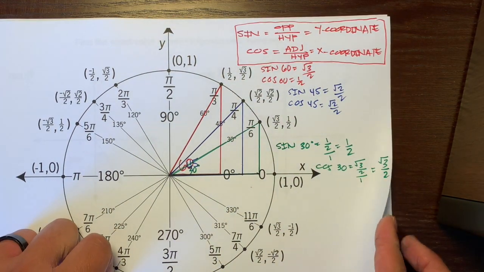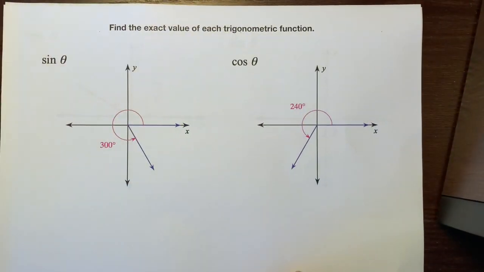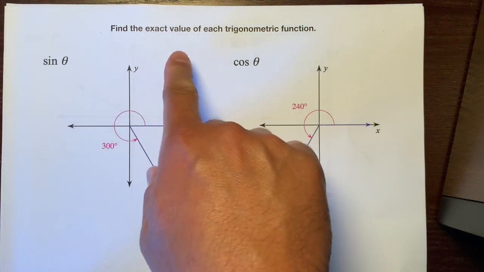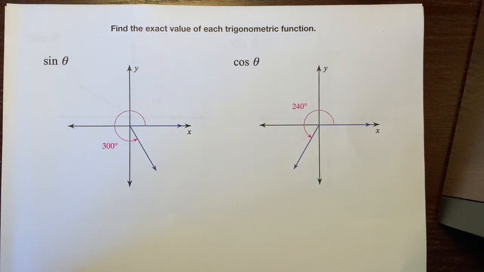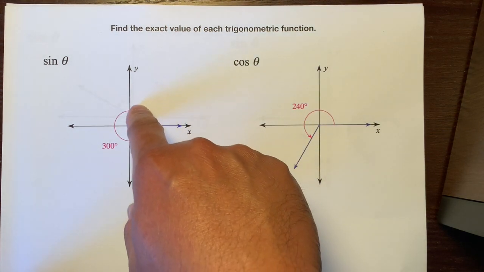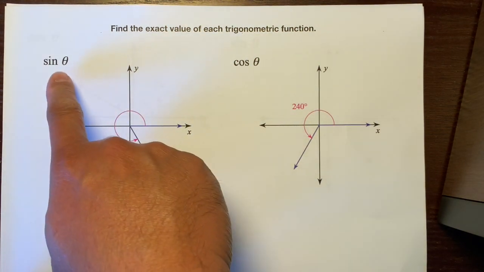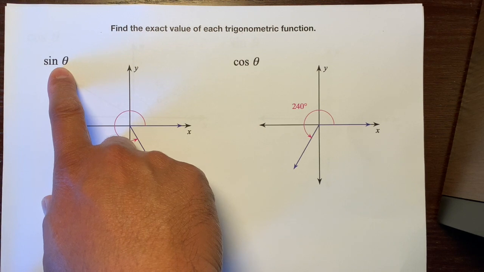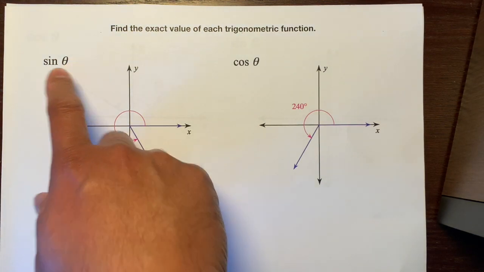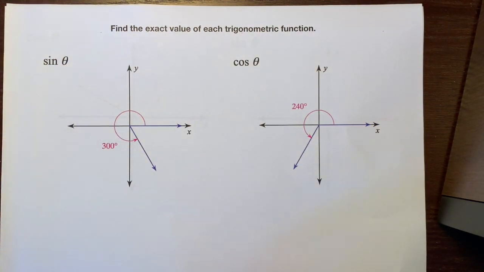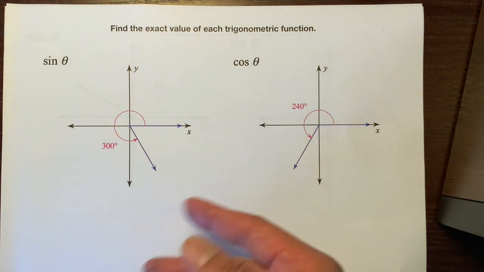So let's look at this right here. It says find the exact value of each trigonometric function. This is 300 degrees. It rotates 300 degrees, and it's the sine. What is the sine? It's the y coordinate. If you haven't memorized the unit circle yet in your brains, you should.